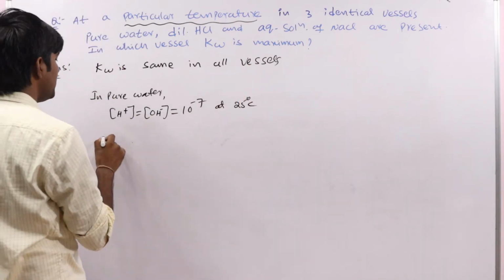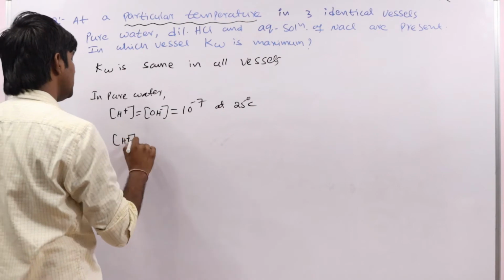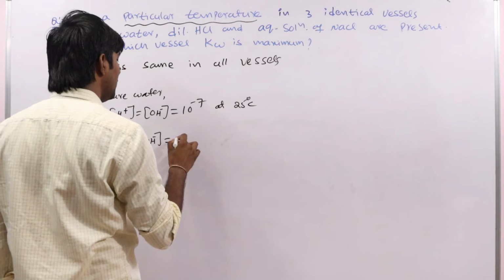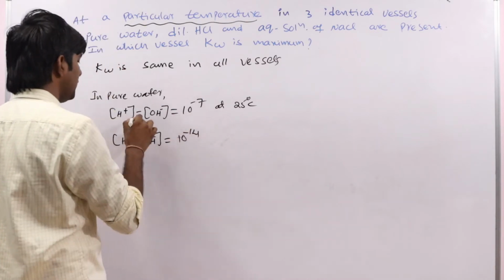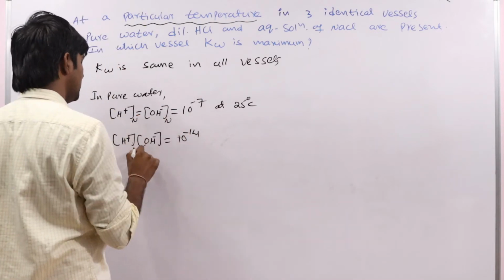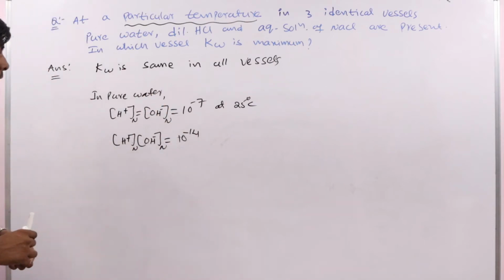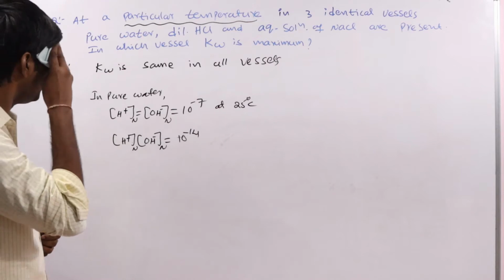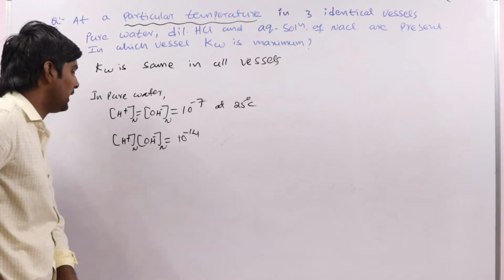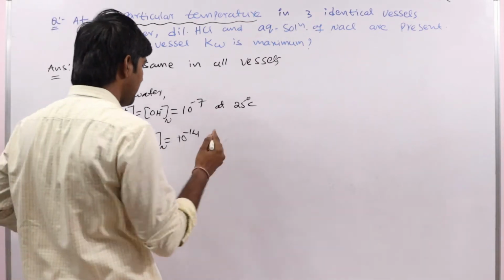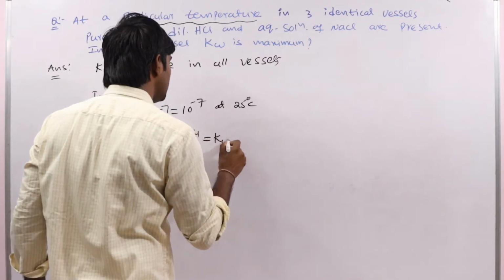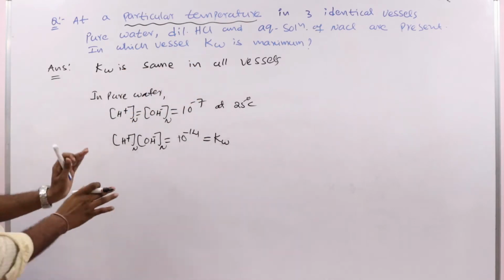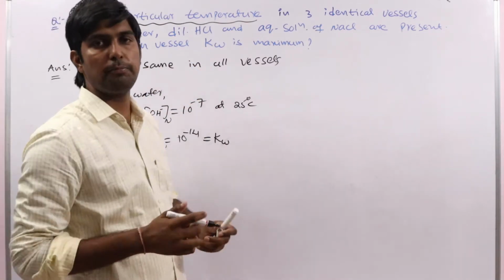And also we discussed H plus ion concentration into OH minus ion concentration is equal to 10 power minus 14, where concentrations are expressed in normalities. This is nothing but Kw, yes or no? H plus ion concentration into OH minus ion concentration equals Kw. This is in the case of pure water.